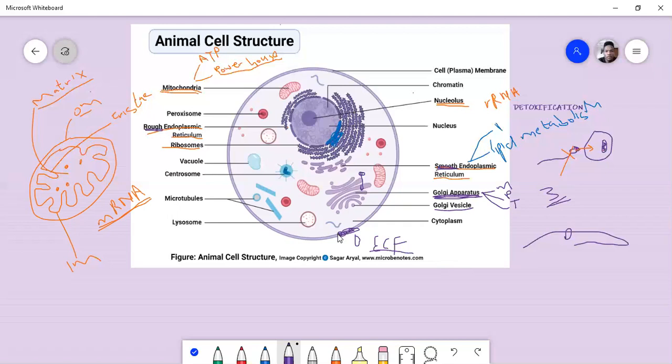Number three, the proteins can be manufactured and then moved from one place to another in the very same cell. For example, your hydrolytic enzymes will move from the Golgi apparatus to your lysosome.